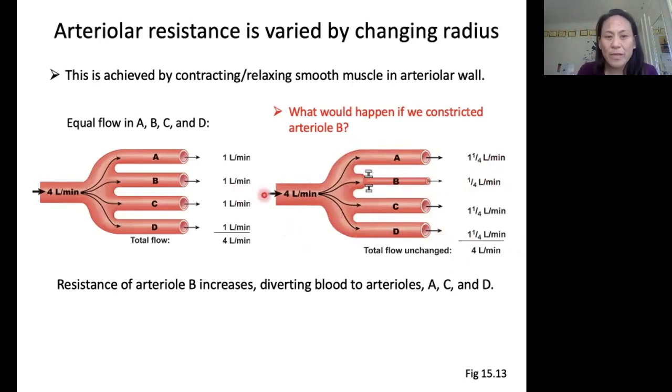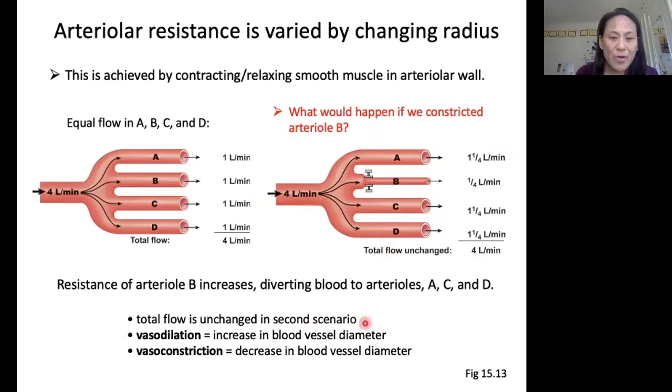You have 4 liters per minute coming in here, and because we're assuming this is a closed circuit, the flow through these 4 arterioles still has to add up to the same as this. So they still add up to 4 liters per minute, which means that in addition to reducing the flow through B, we've increased the flow through A, C, and D.